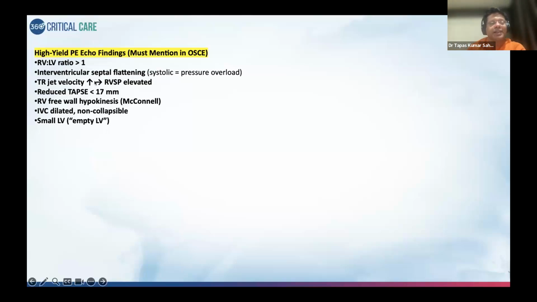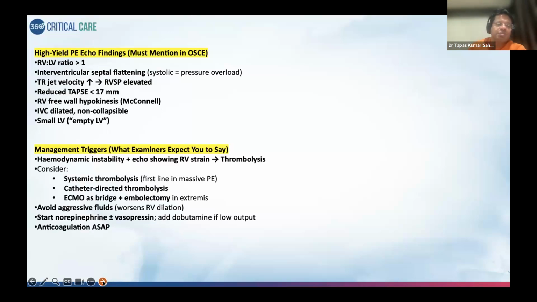PR jet velocity increases as a result. RVSP is elevated, reduced TAPSE less than 17 millimeter, RV free wall hypokinesis, that is McConnell sign, IVC dilated non-collapsible, small LV, that is empty LV. Clear?